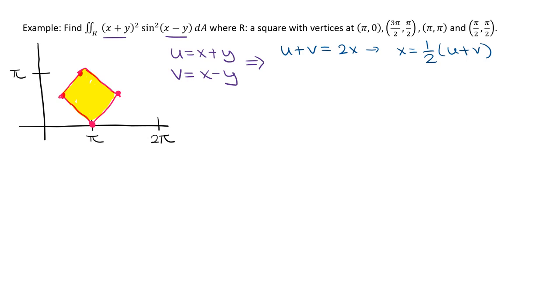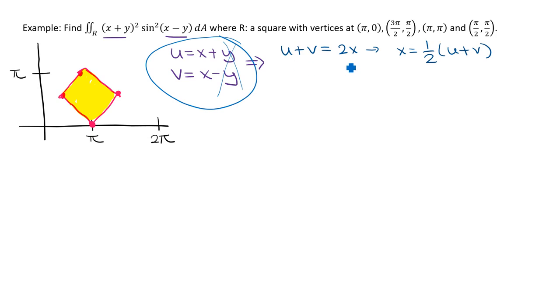So I'm going to go ahead and take this transformation and solve it for x and y. I use the method of substitution to do this again. If I want to solve for x, I want the y's to disappear, and so I can just add these two equations together. So u plus v would equal 2x, the y's disappear.